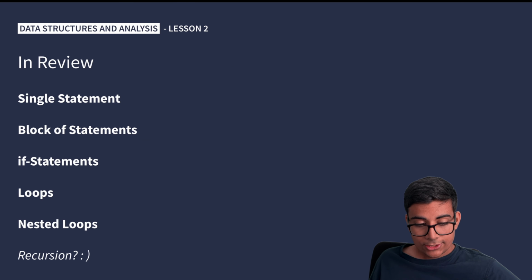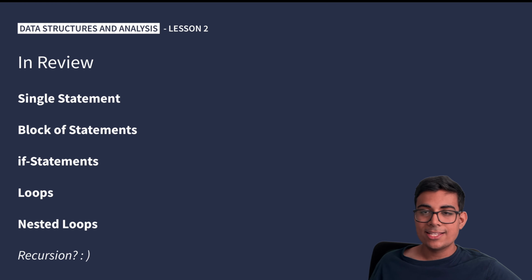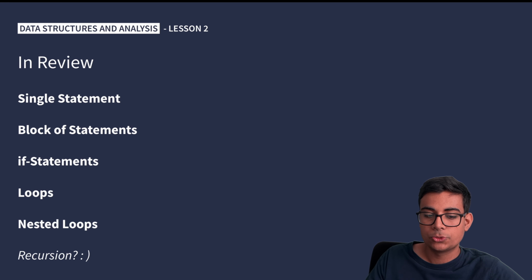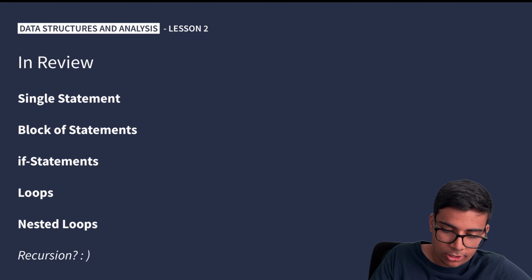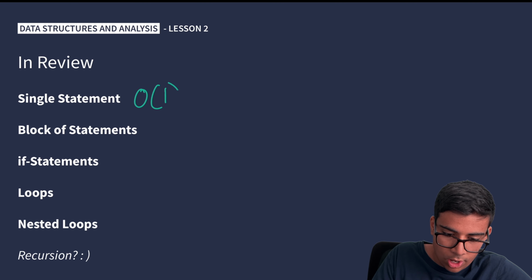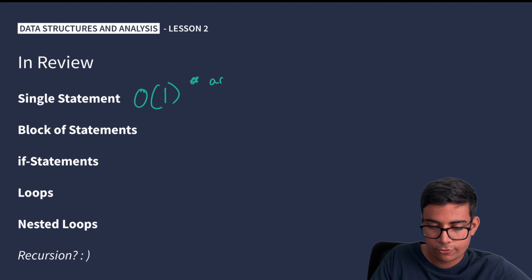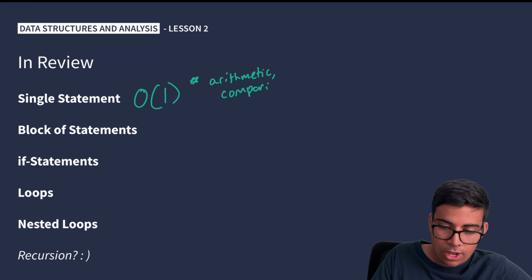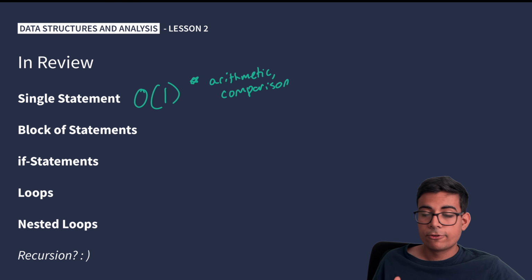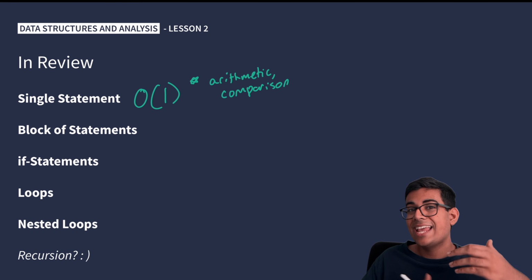All right. So now we have talked about all these different ways that we can structure our code and how we calculate the actual time complexity. Remember, a single statement, especially if it's arithmetic or a comparison, is always going to be O of 1. Now, remember, this can be O of whatever if our single statement is running a function which contains a bunch of code in it.